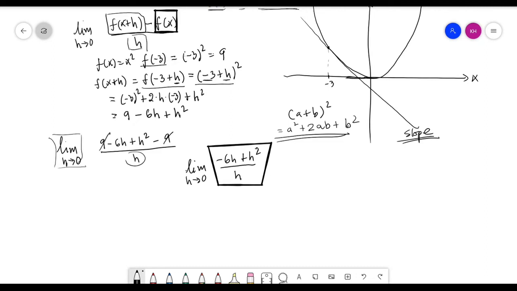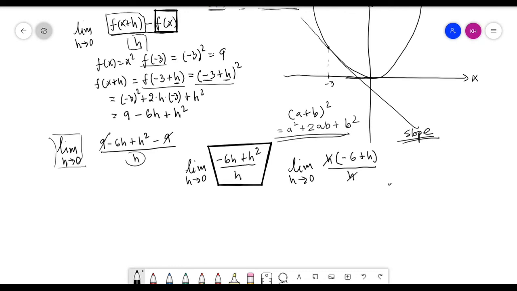So what to do? We're gonna simplify it a little bit further. So let's move like this. I'm gonna write this again. And if I have to simplify, I can factor out h. So if I factor out h, I am left with negative 6 plus another h in there divided by h. And now I can simplify by canceling out the h.